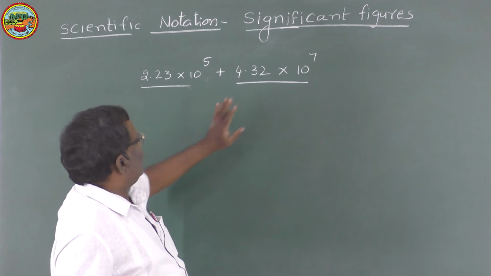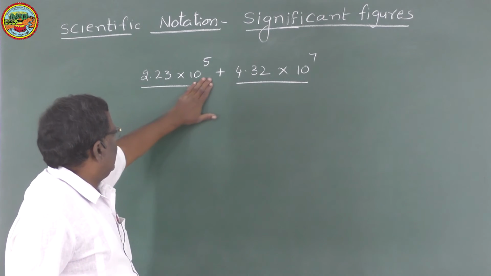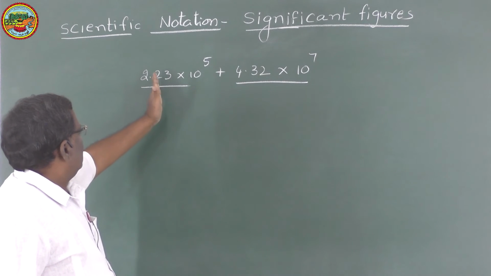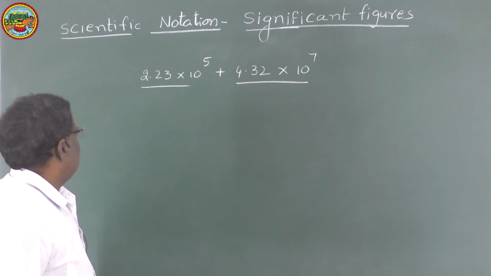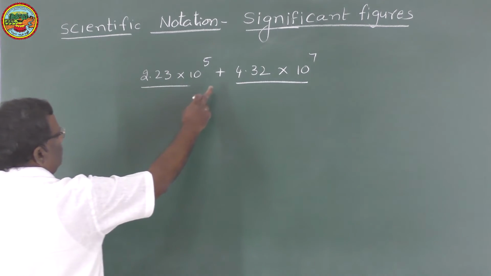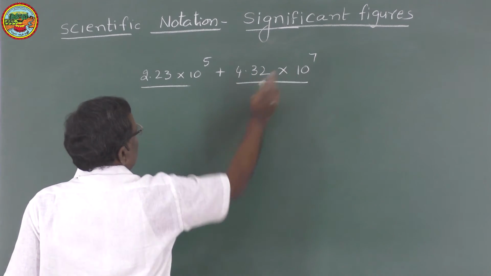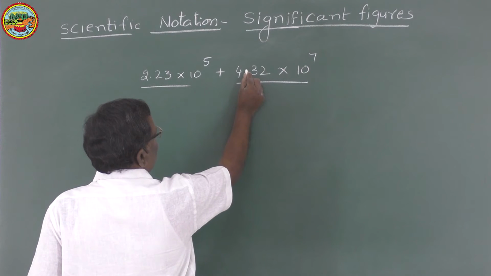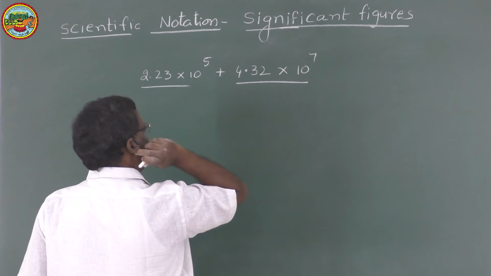Equalizing of the power can be done simply by changing the decimal place. Suppose, for example, you want to make this 10 to the power 5, what you have to do? You have to change the decimal this side.